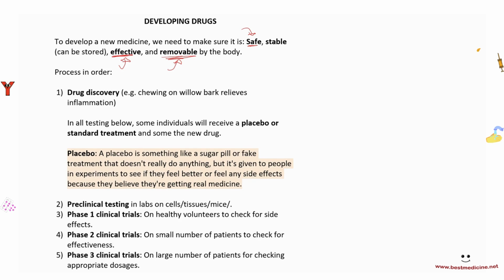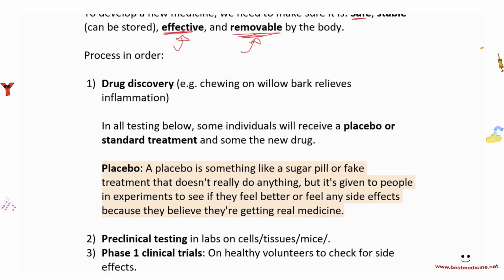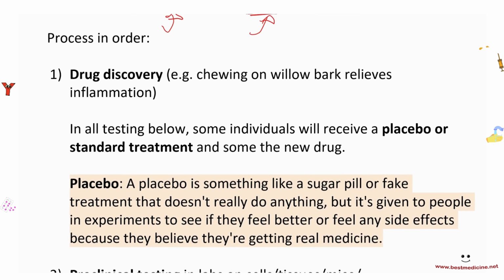So, process in order. You first discover the drug. Drug discovery can be taken from many different books or people's normal experiences, etc. For example, the way aspirin was discovered was that if you chewed on willow bark, it would relieve inflammation and pain.